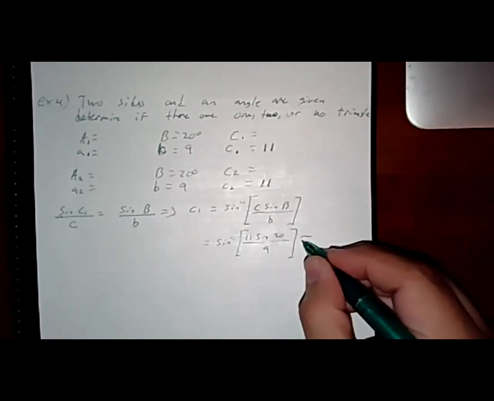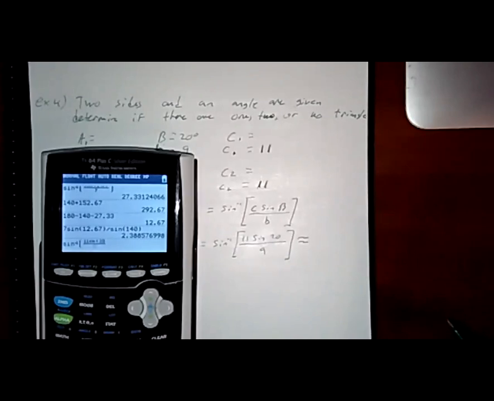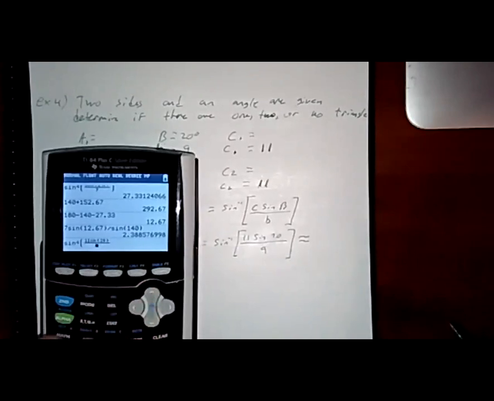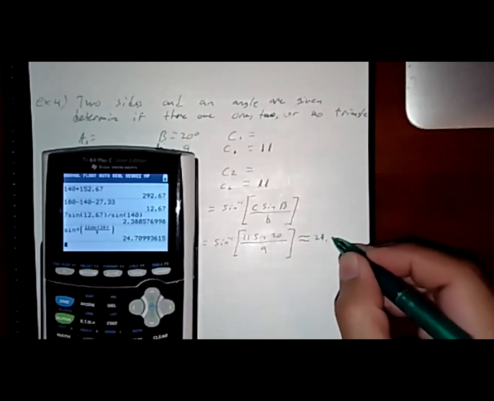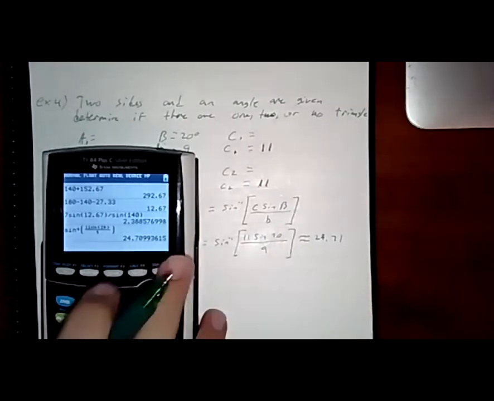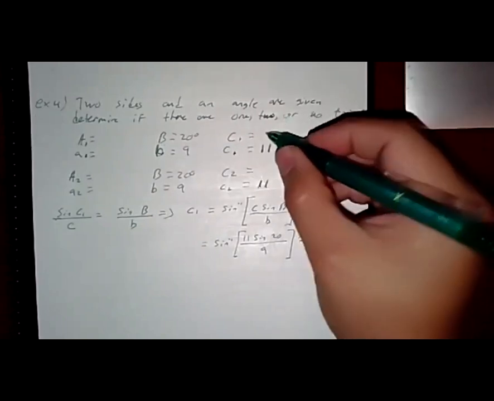So that is approximately, let's see here, 11 sine 20, 24.71 degrees. So that is C1.